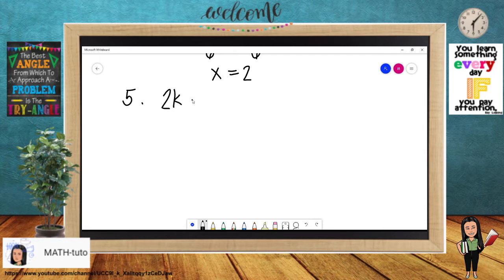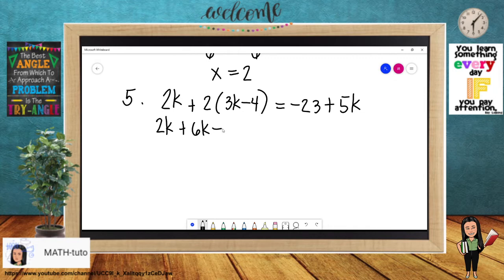2k plus 2 times 3k minus 4 is equal to negative 23 plus 5k. So, we simplify each side of the equation first. 2k plus 6k minus 8 is equal to negative 23 plus 5k. 8k minus 8 is equal to negative 23 plus 5k.